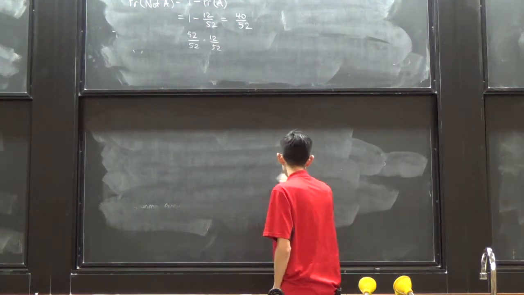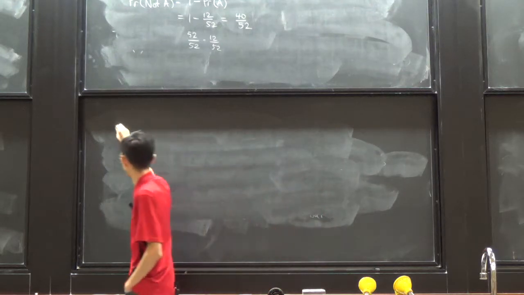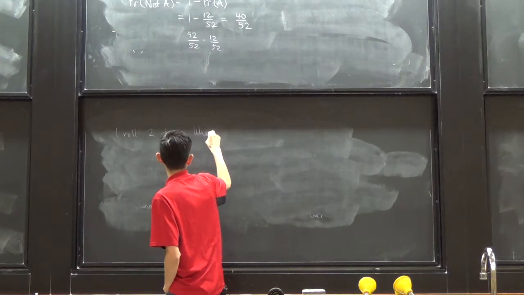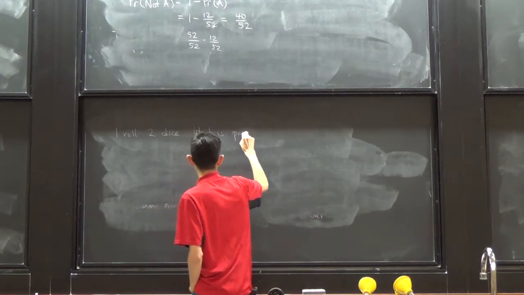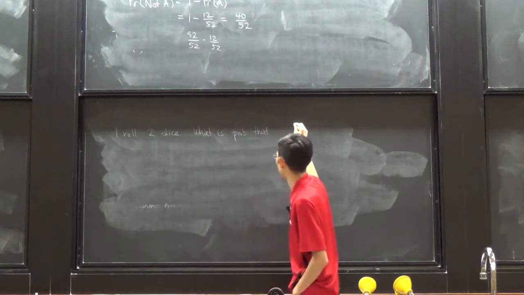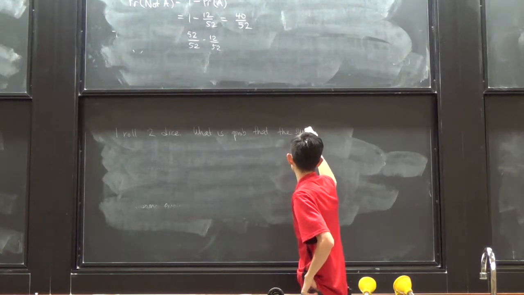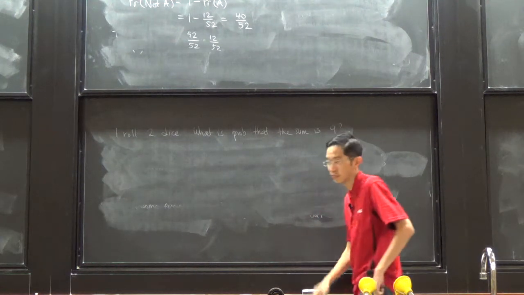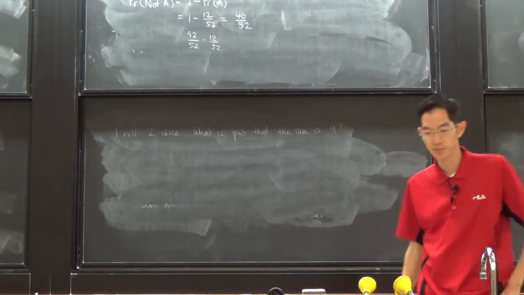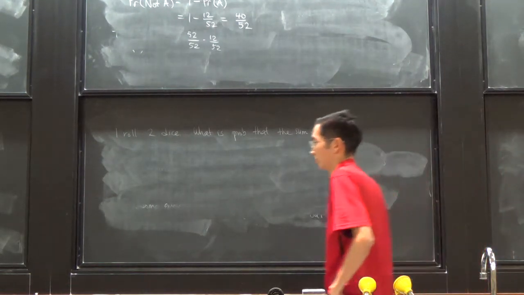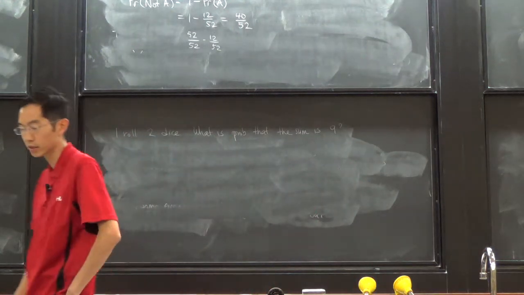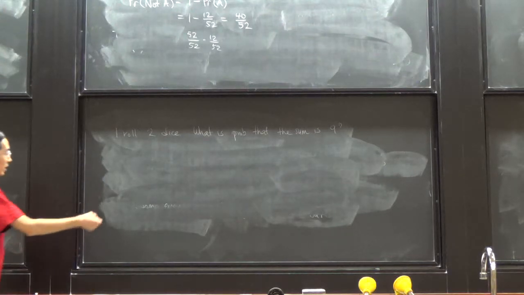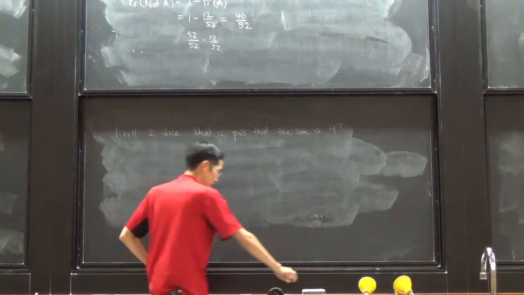If I say I roll 2 dice, what is the probability that the sum is 9? Can we calculate this easily? Okay, so what are the outcomes for rolling 2 dice?